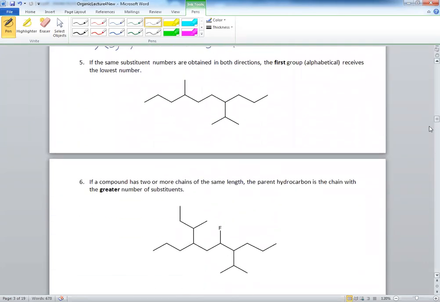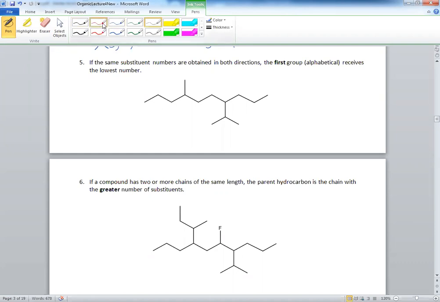If the same substituent numbers are obtained in both directions, the first group alphabetically receives the lowest number. Very well.